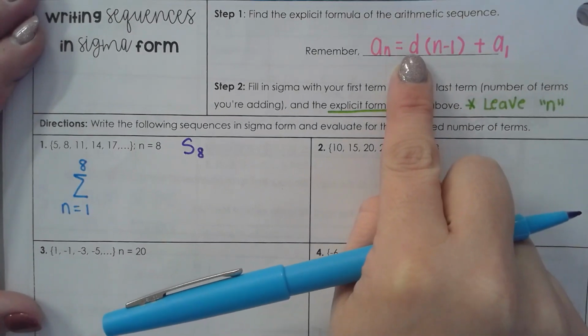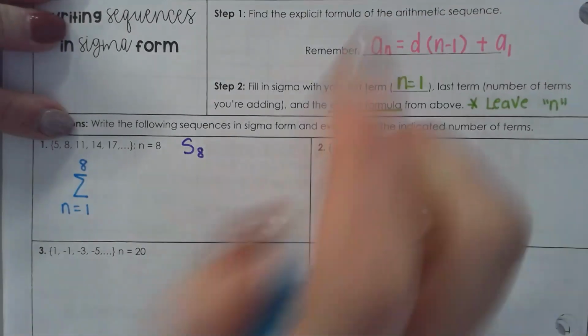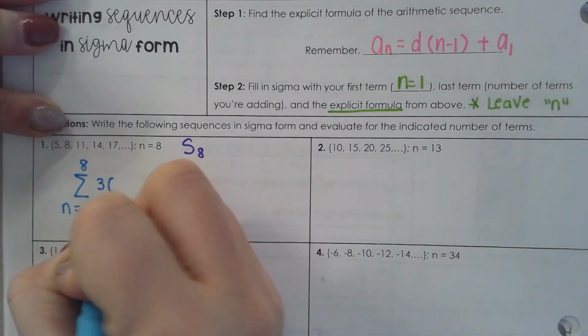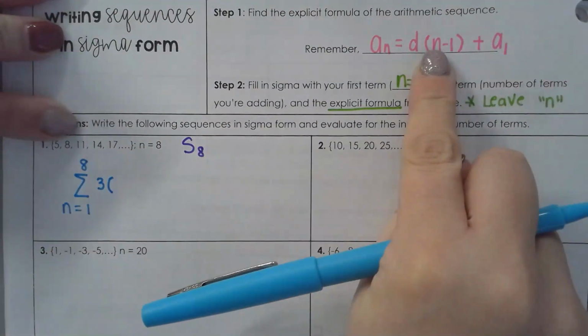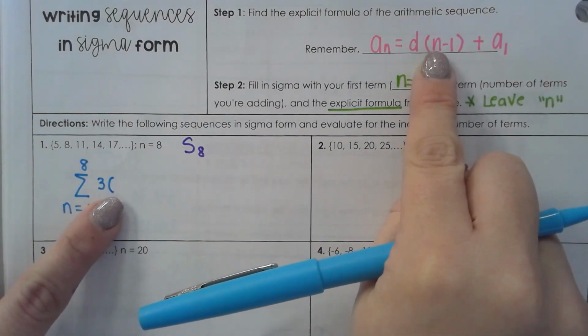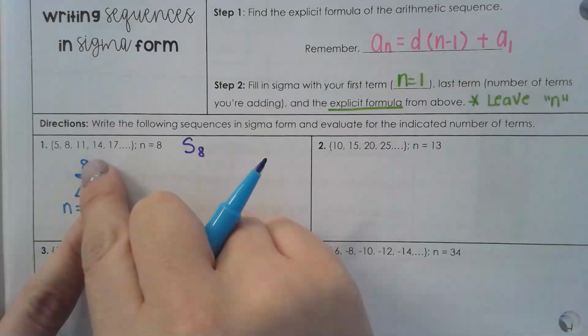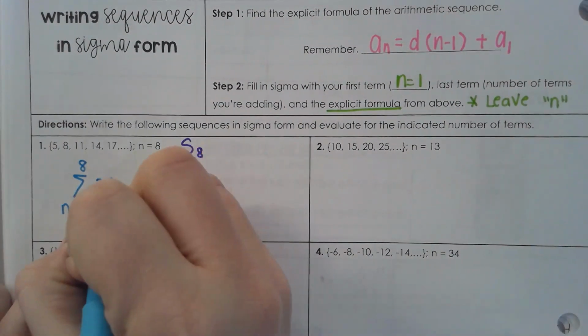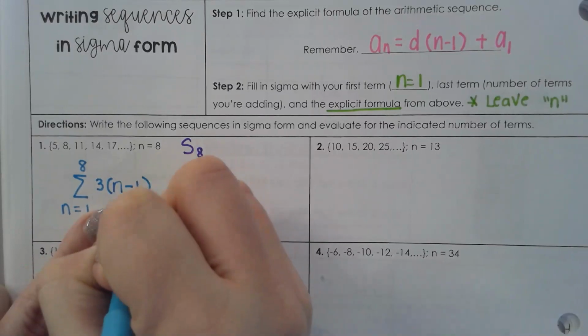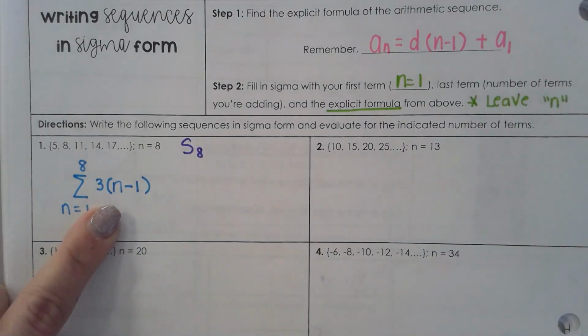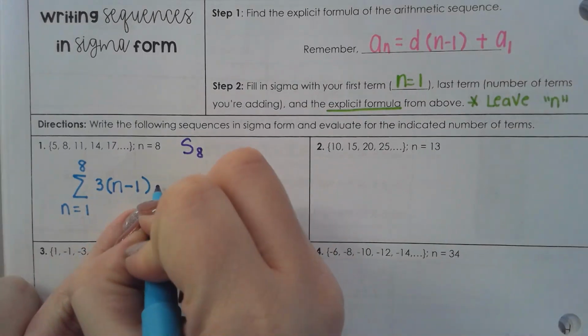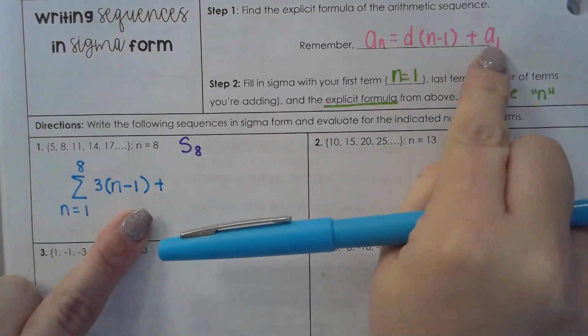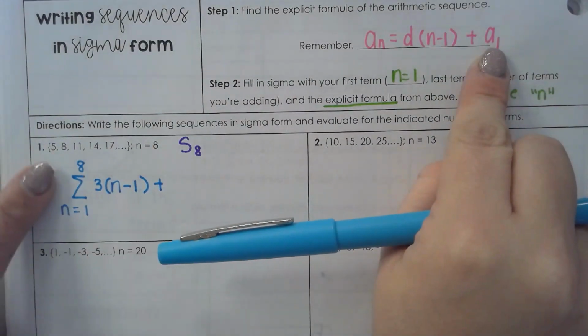What's my common difference? 3. And then in parentheses, I'm not going to put the 8 in the formula. I've already put the 8 on sigma. We don't double up the n. So I leave it as n minus 1 plus a1, which is 5.